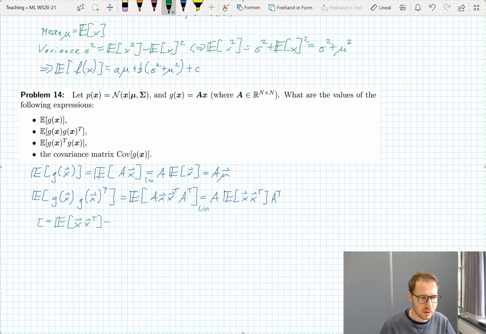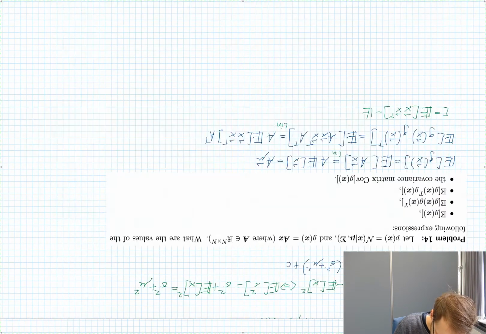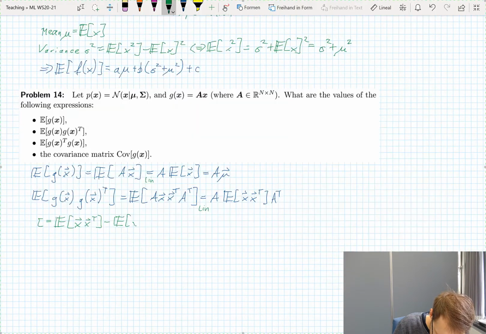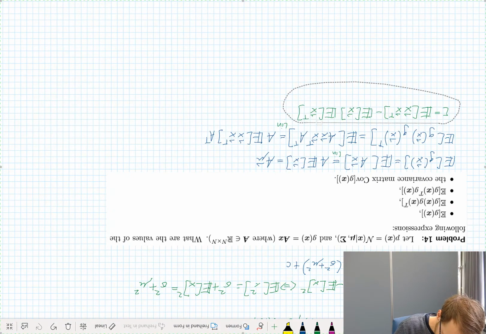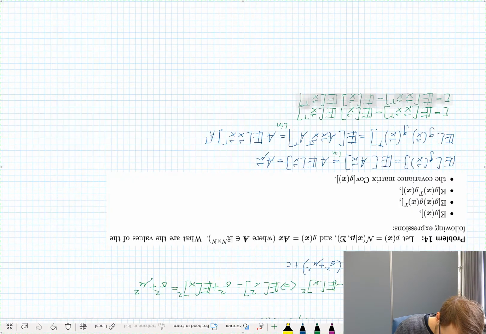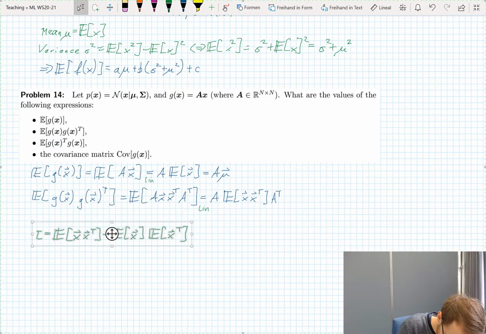It's not just the variance. And it's defined rather similarly. Just need to be aware where the transposes are. Actually, let's write down, this is the covariance matrix.